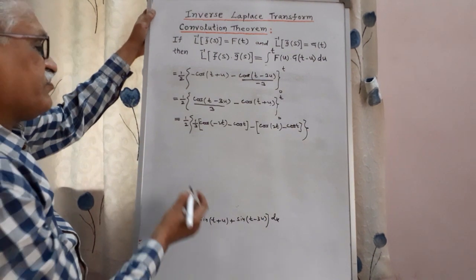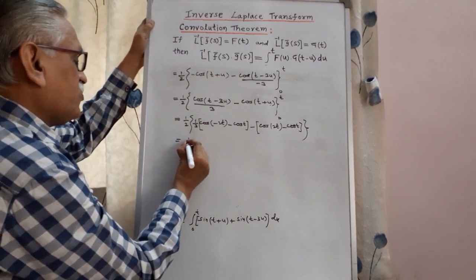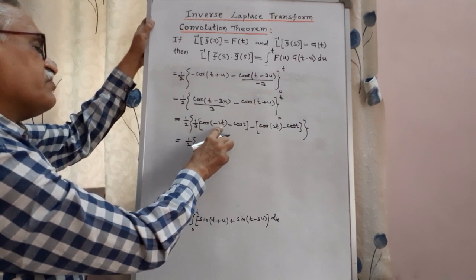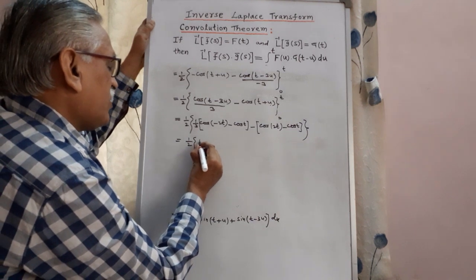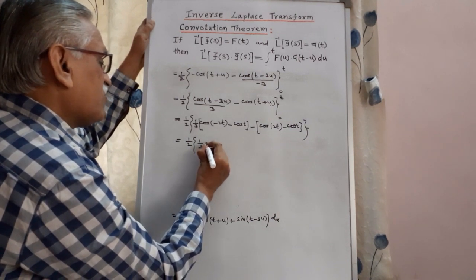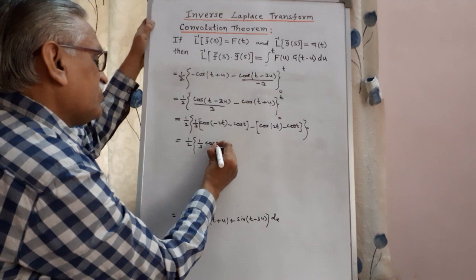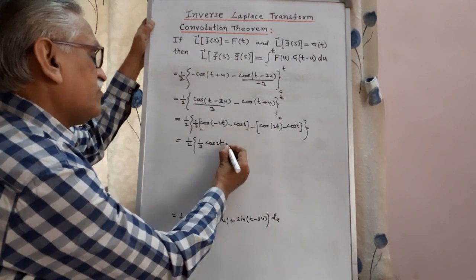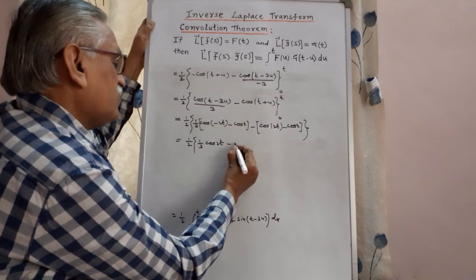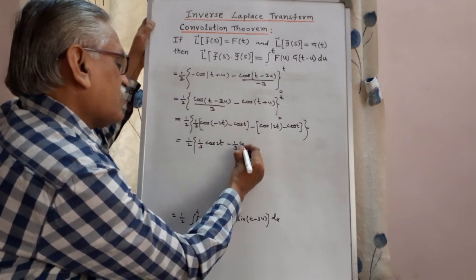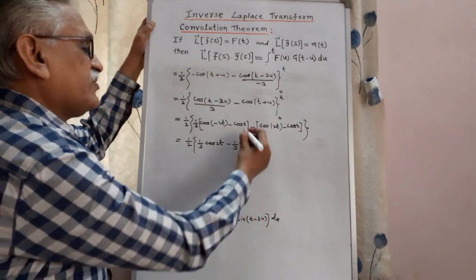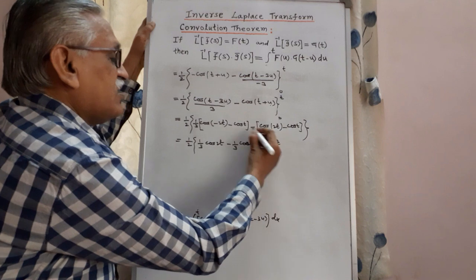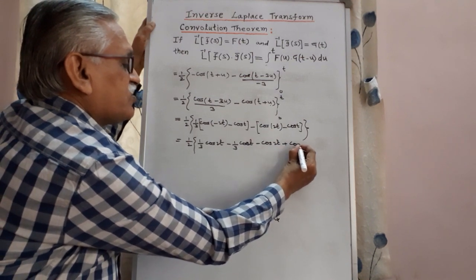And rewrite it, it is 1 by 2, cos of minus theta is cos theta, therefore it is 1 by 3 cos of 2t minus 1 by 3 cos t minus cos of 2t plus cos t.